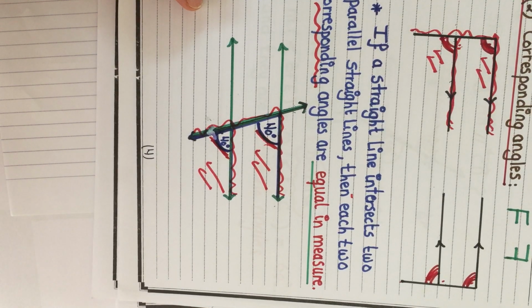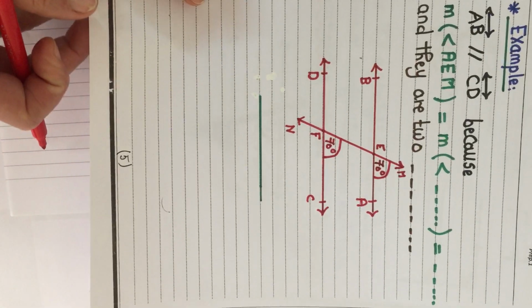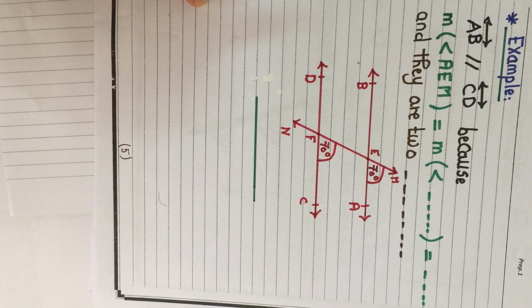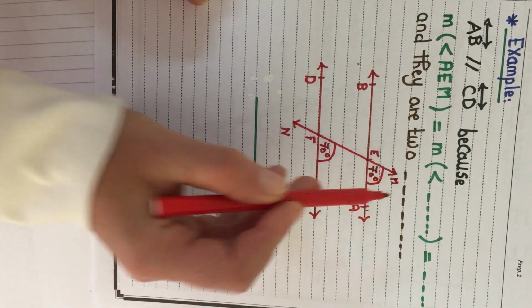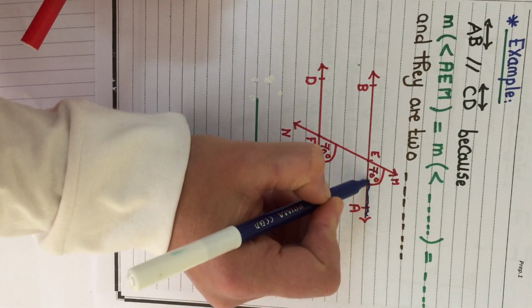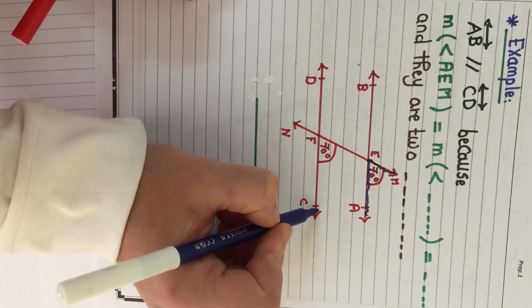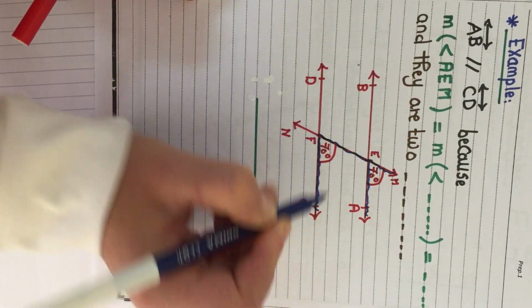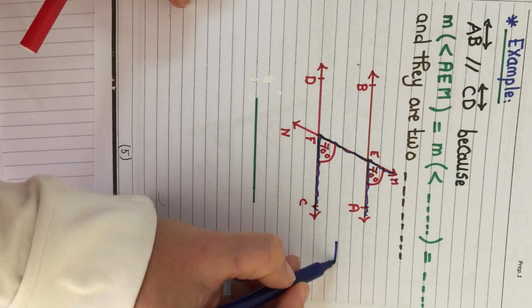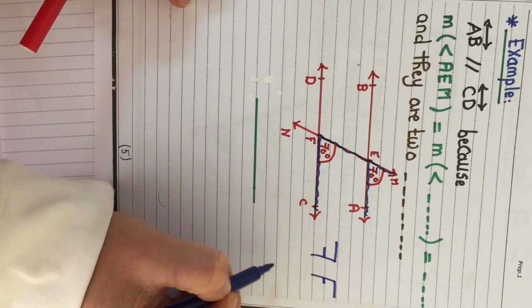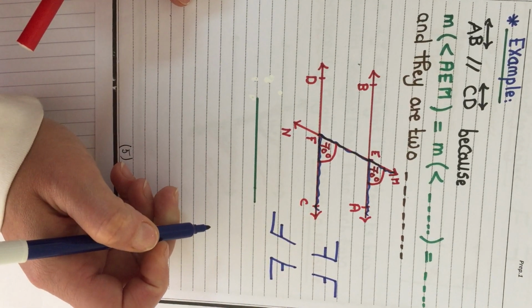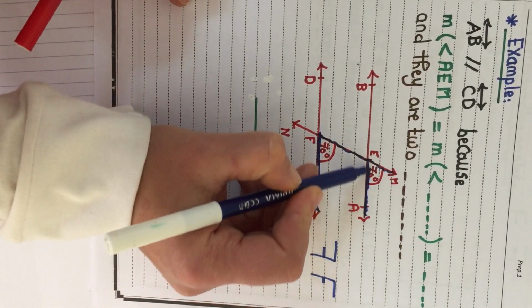So let's take an example for the corresponding angle. Here it says AB is parallel to CD. Why is AB parallel to CD? Because we found measure angle AEM is equal to measure angle what? CFE or EFC. Why? Because the letter F can look like this or like that, like a ship, or I can reverse it completely, like this. The F can be reversed. Here are two parallel lines and a transversal.